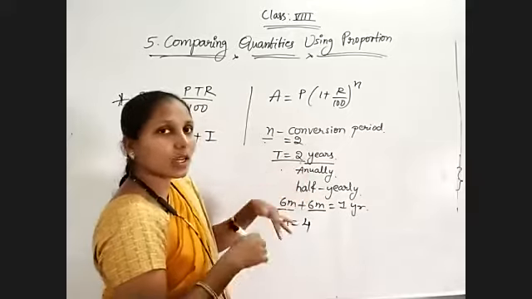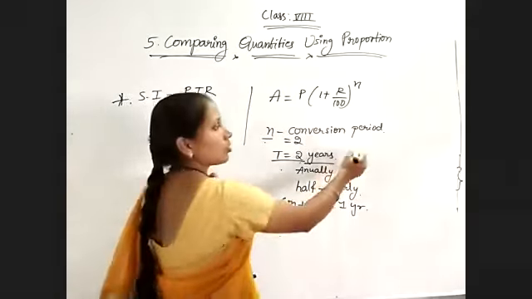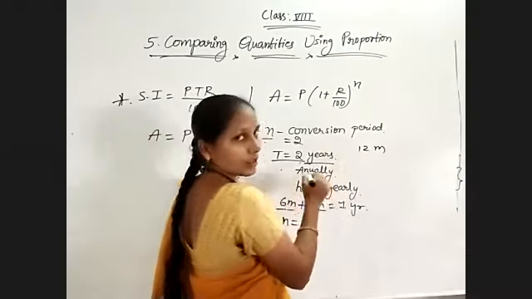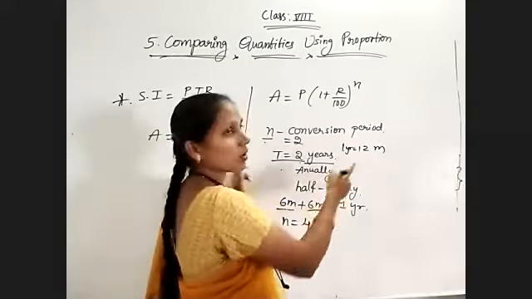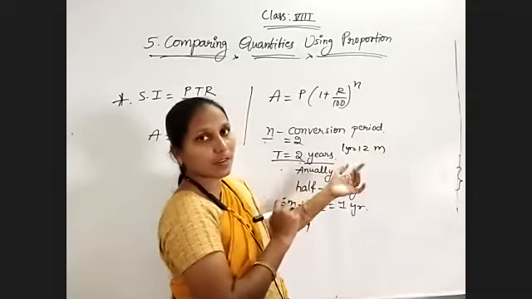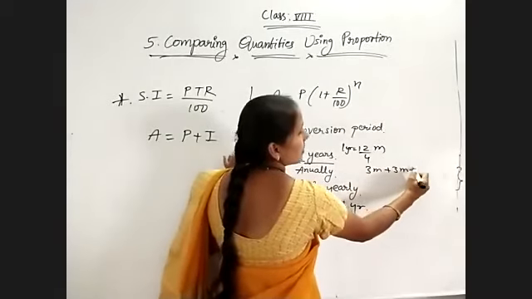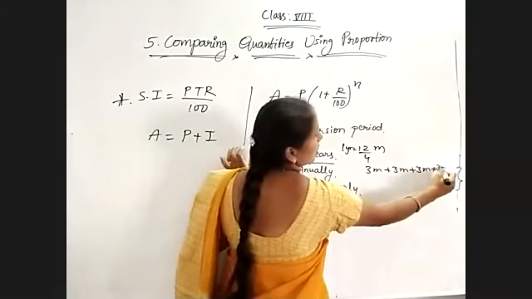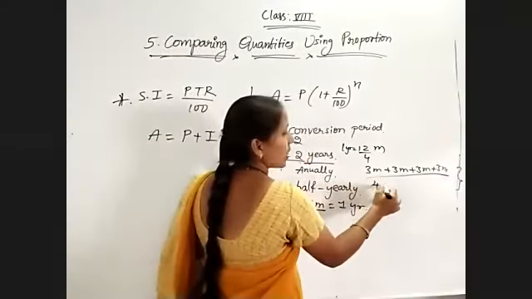And coming to quarterly. How many quarters are there in 1 year? Total 12 months we have for 1 year, yes or no? We need to take its quarter. Quarter means divide by 4. So 3 months plus 3 months plus 3 months plus 3 months, 3 fours are 12. In 1 year, 4 quarters are there.